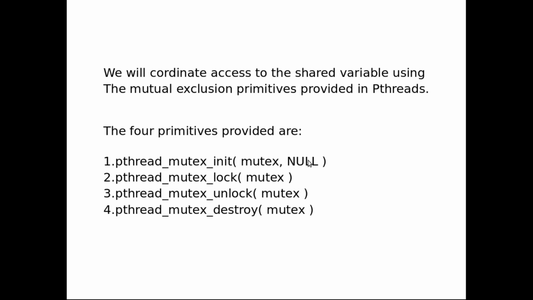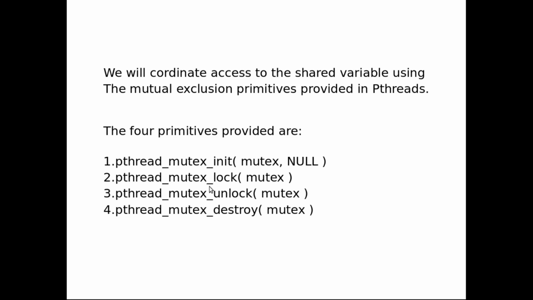Here we are passing null because we want to use the default attribute values, just like in the case of creating a new thread, where we passed null because we wanted to use the default attributes for the thread. So that is mutex init.